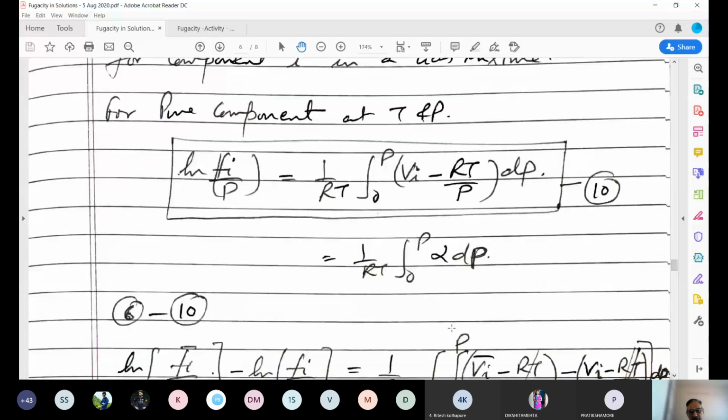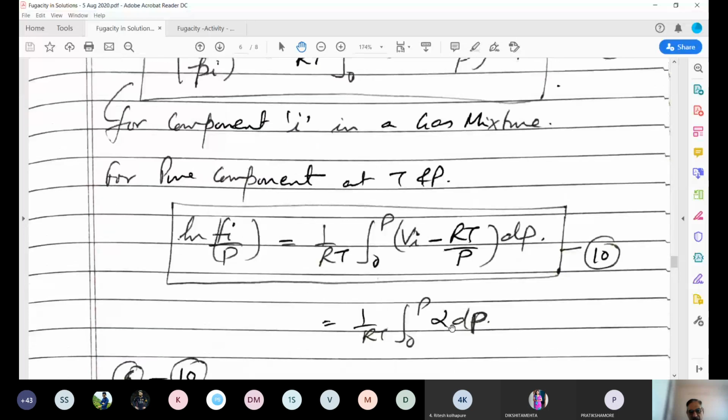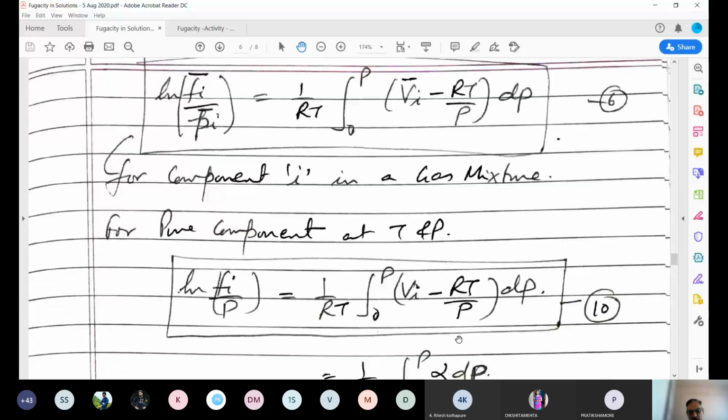So now take equation 6 minus equation 10, let's see what we get.